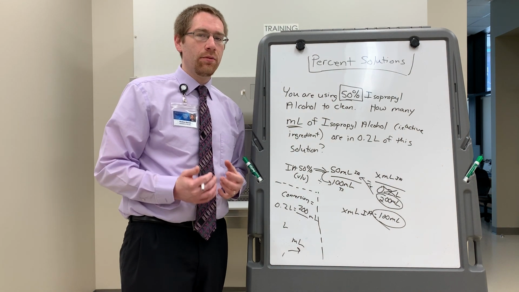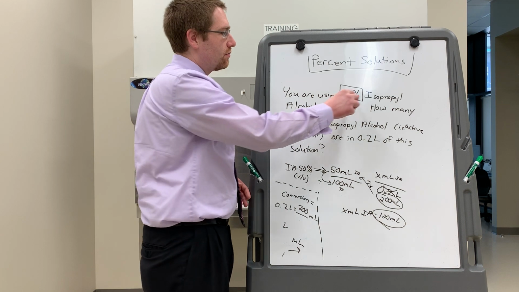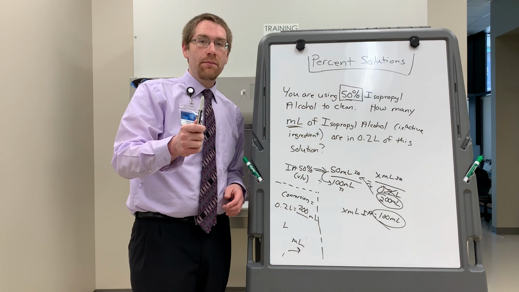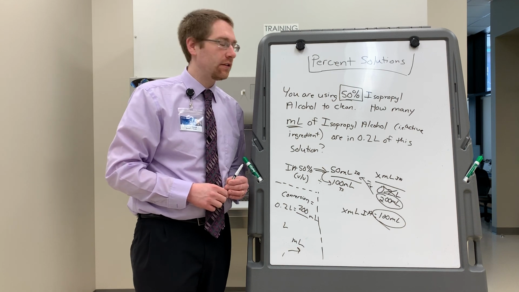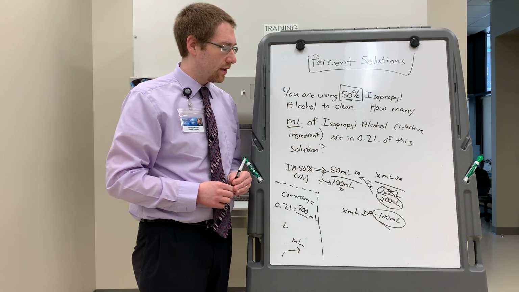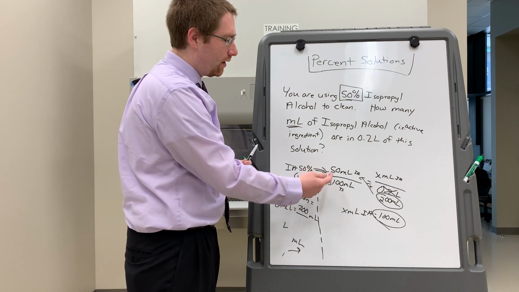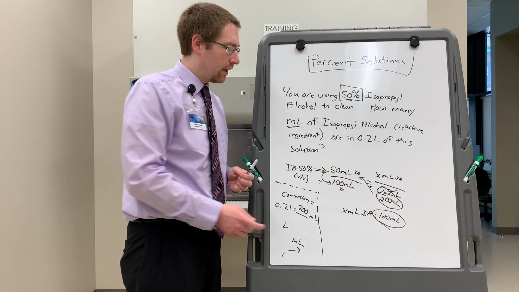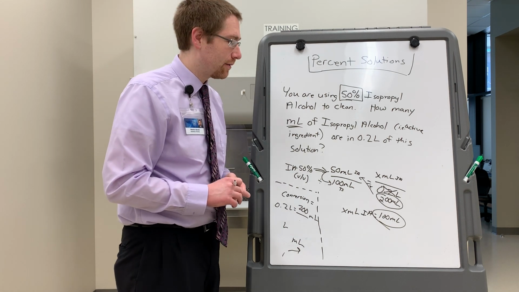So just like our previous problems, the math is the exact same. As soon as we see 50%, that means there's 50 something of drug in every 100 mLs of volume. So looking at this product, if there's 50% isopropyl alcohol, there are 50 mLs of isopropyl alcohol in every 100 mLs of total solution. Again, we're talking about a percent.